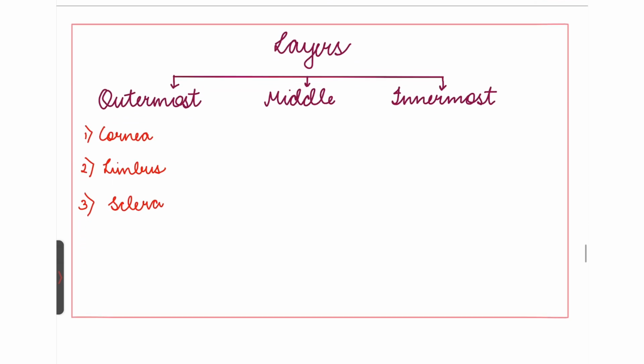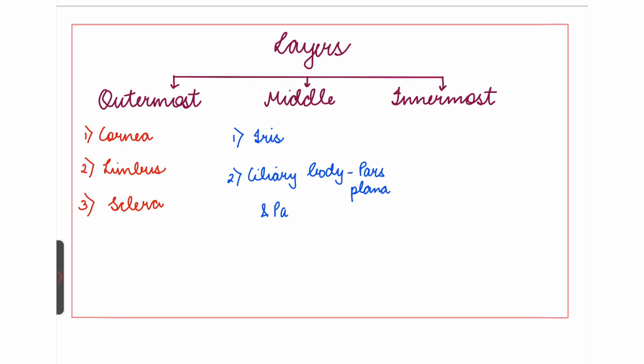So, the middle layer is the uveal tract or uvea, which has iris. It is a pigmented structure. Then the ciliary body, which has pars plana and pars plicata.